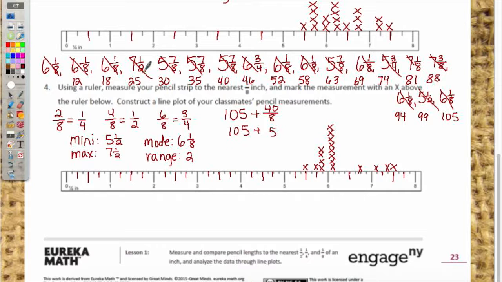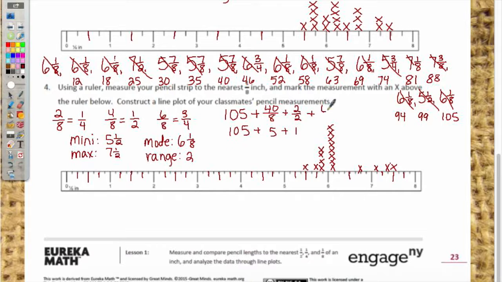Okay, so I've got 1/2, 2 halves. So that's plus 1 more. And now the fourths. So 3, 6. See any more fourths? 6 fourths.